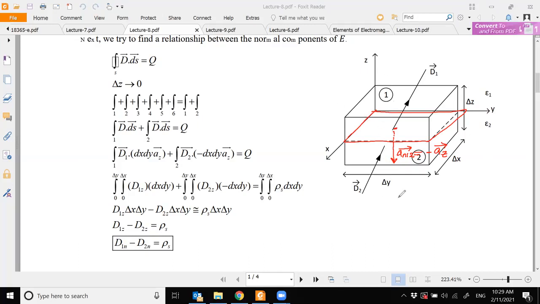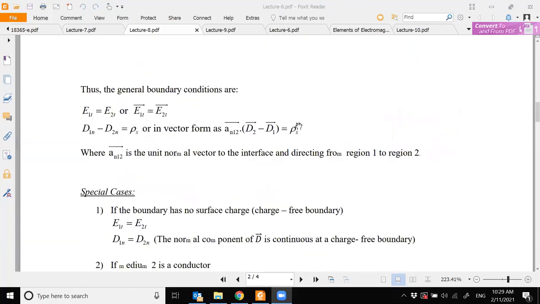So going downwards is minus az. So this is how you can easily apply. And you do not need to worry about that. You just need to find what is an12 for your problem, and based on that an12, you apply that vector form of the boundary condition, which is this one.